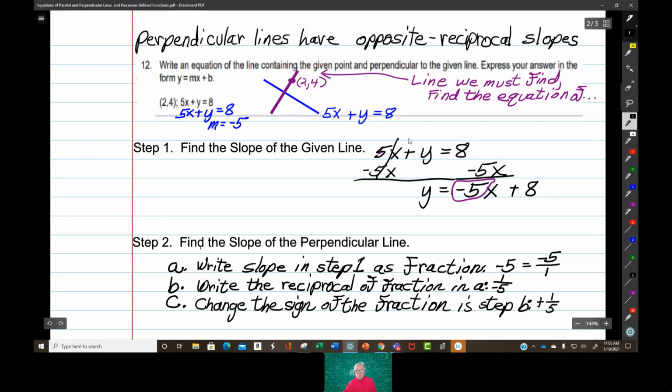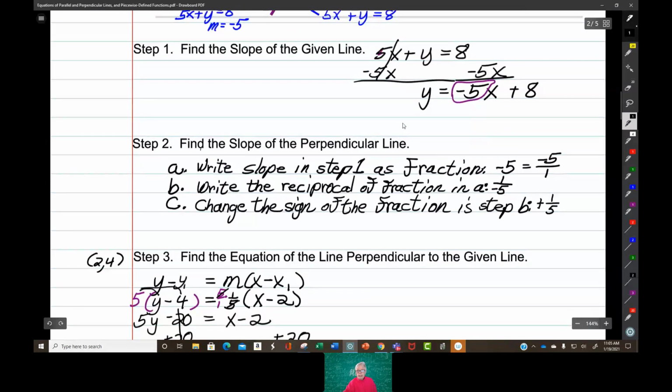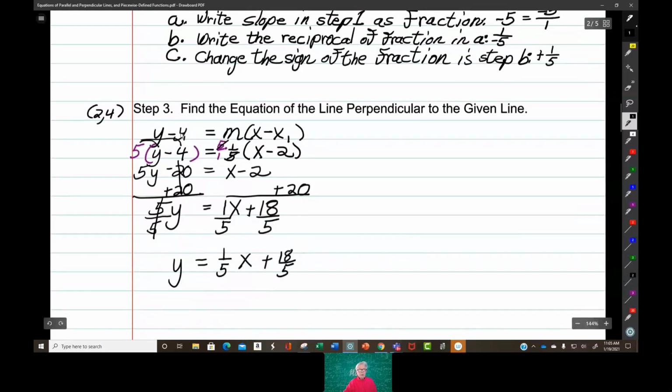And the almost foolproof way to do this is, after you find the slope of the given line, you take an A, B, C approach. You write the slope in step 1, the slope of the given line. You find its reciprocal, and then you change the sign. Then you use it in the point slope formula.